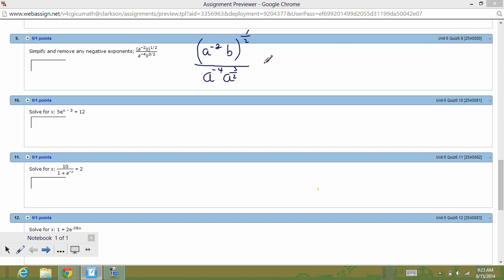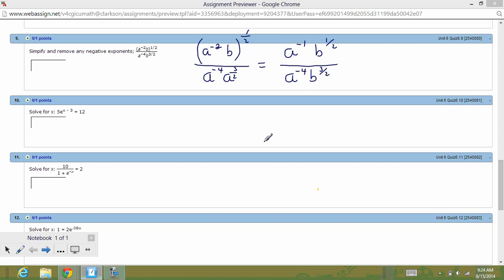And the first thing I'm going to do is use the power to a power rule right here on this numerator. And I'm going to get a to the minus 1, b to the 1/2 over a to the minus 4 and b to the 3/2.